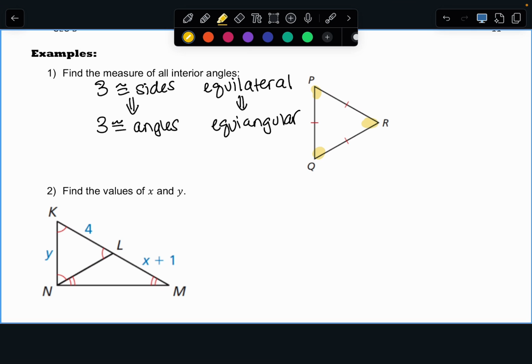So if I have three unknown angles and they're all the same thing, what should I call them temporarily? A variable. Like let's call these angles X degrees.